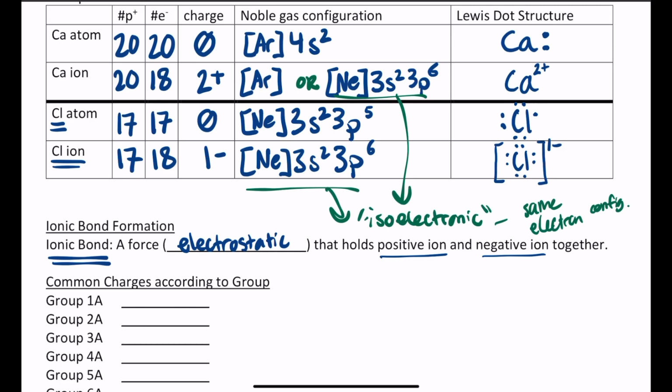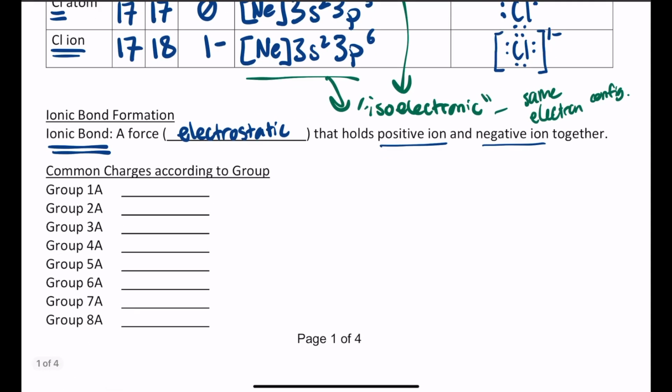Okay, so something else we'll have to do with naming ionic compounds is we'll often have to predict what the charge of certain elements might be if they ionize. Often, it's just really easy as a shortcut to go through the periodic table and just remember what charge it's going to have.